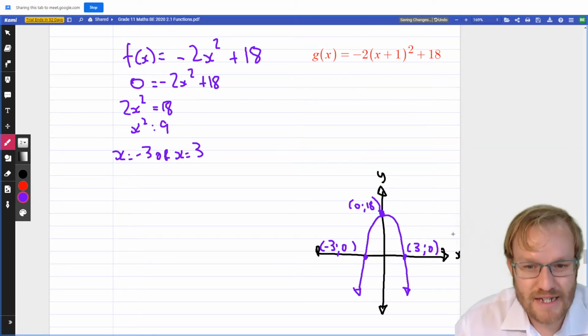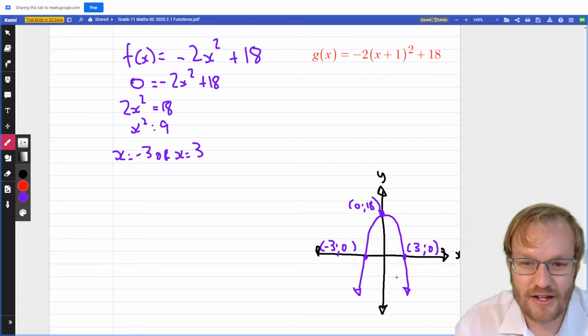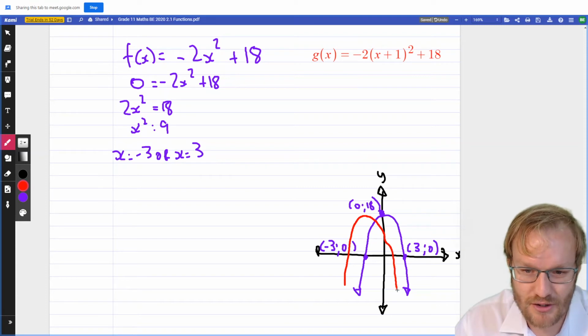So let's test our theory and say we think that this graph's going to be the same. It's just going to have moved left by 1. So we think that this one's just going to look like this. It's going to turn over there. It's still going to turn this side. This point here is now going to be at negative 4.